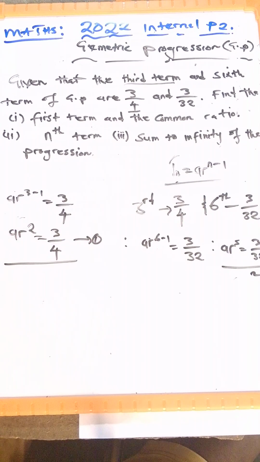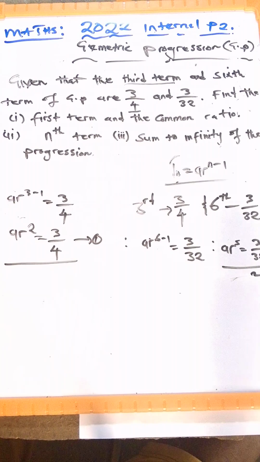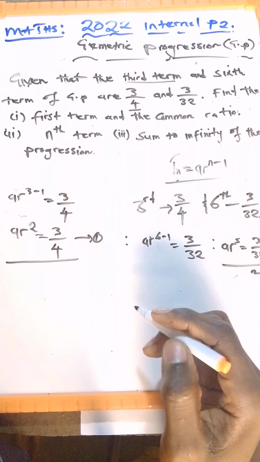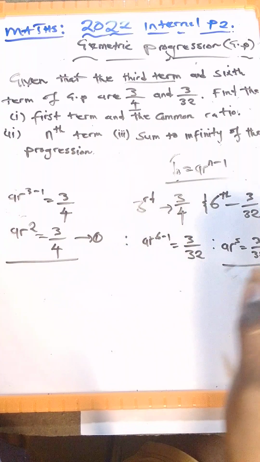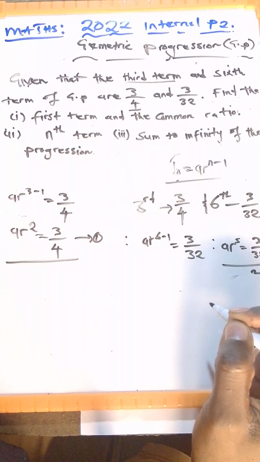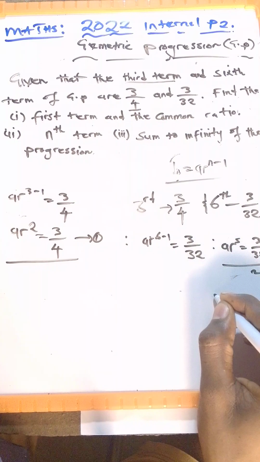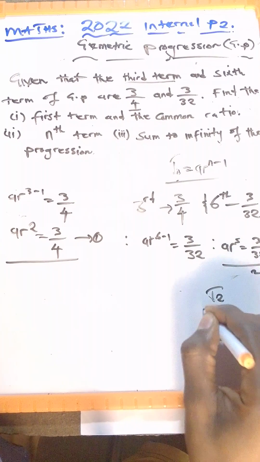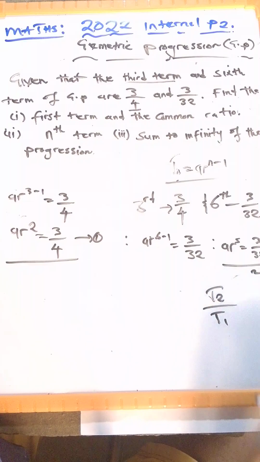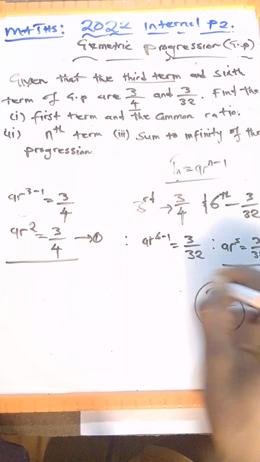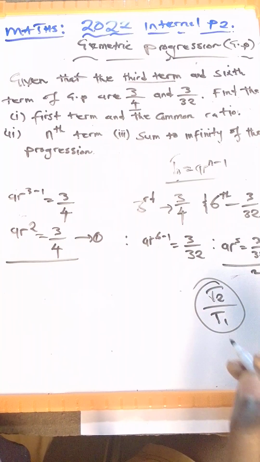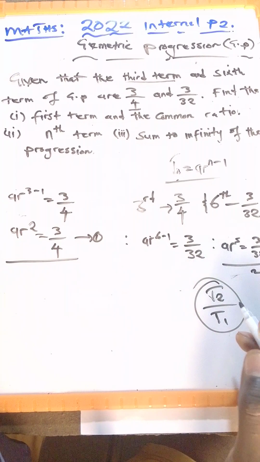Now after you reach this stage, the next thing to do is to use the formula which we use whenever we are finding the common ratio. We know that we have term number 2 divided by term number 1. So this is the one we're going to use for us to find what we are looking for.